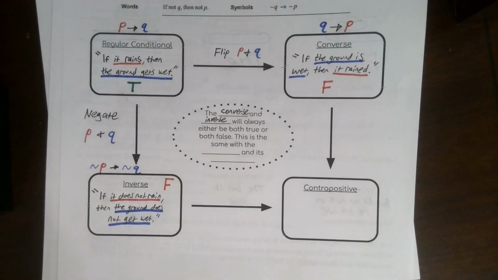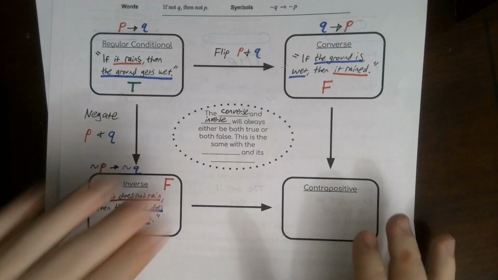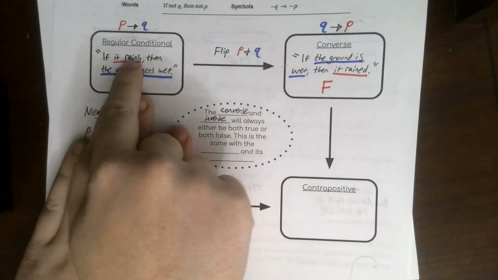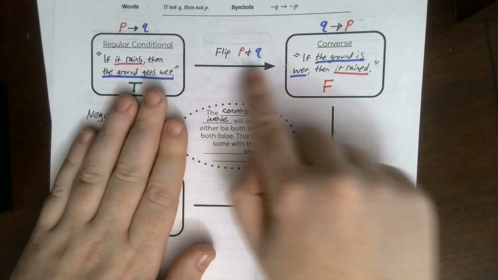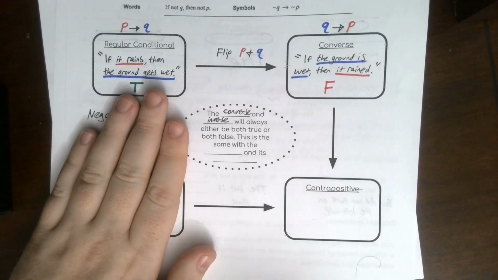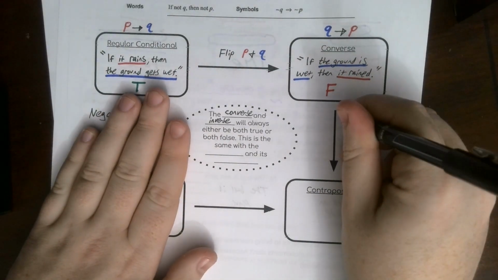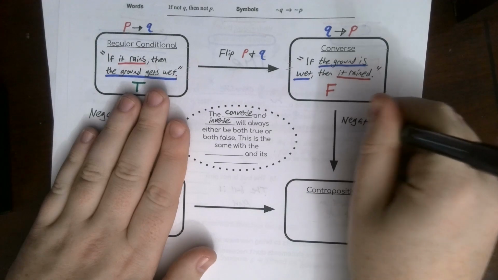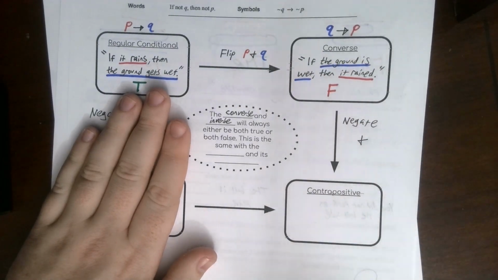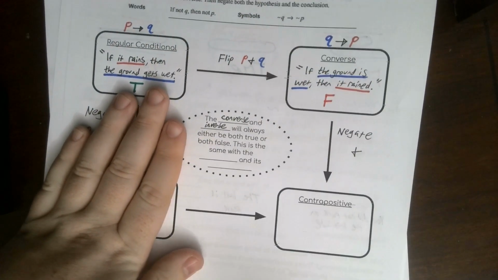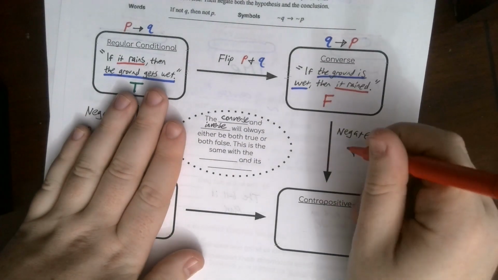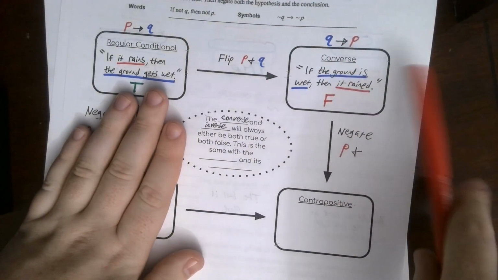Let's take a look at the contrapositive. The contrapositive can be found one of two ways. Either I start with a conditional, I flip P and Q so it's backwards, and then I can negate P and Q, sort of like how we did with the inverse, and that'll get me to the contrapositive. So all I need to do is negate the ground is wet and then it rained.